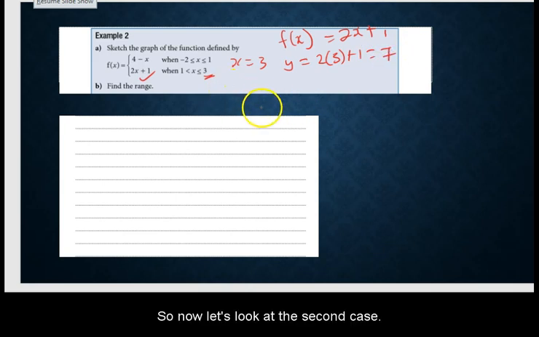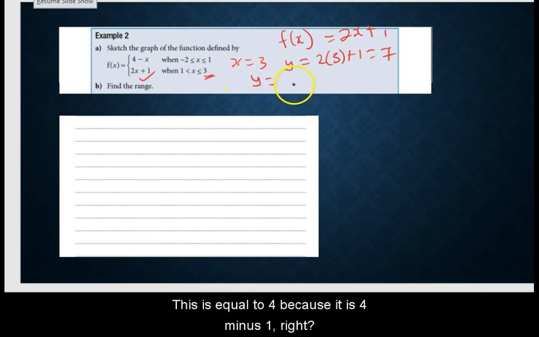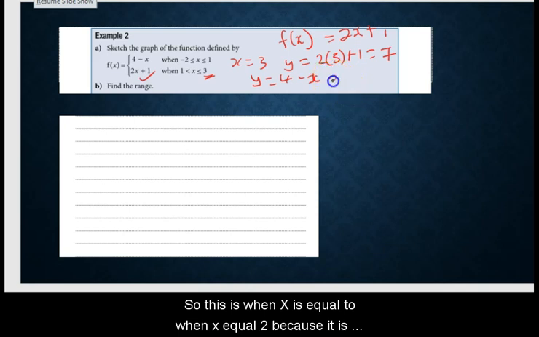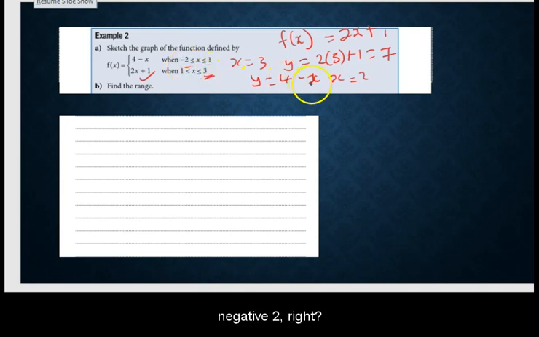So now let's look at the second case. We have y, this function, 4 minus x. So this is when x is equal to negative 2, right?